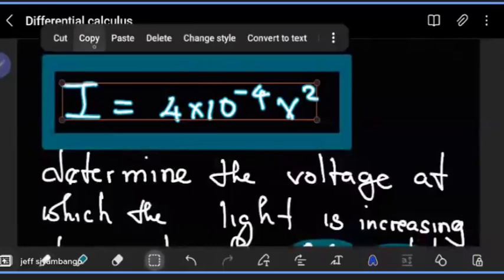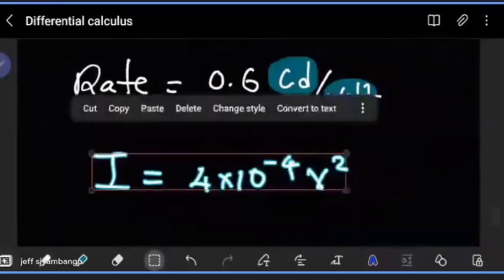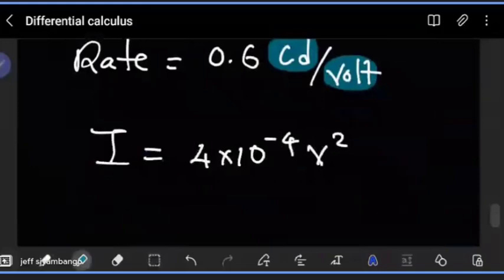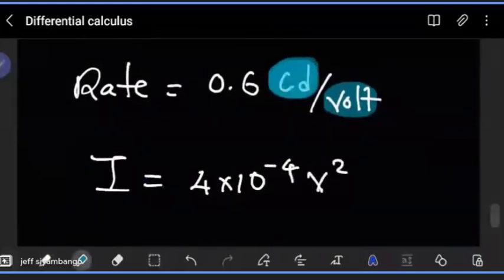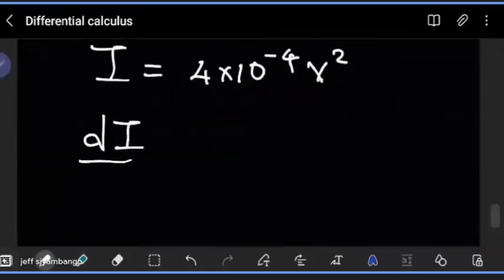So what happened for us to end up in that situation? To get the rate of change they are describing, we are differentiating. And what are we differentiating? We have luminous intensity over voltage, so they analyzed how the luminous intensity was changing with respect to the voltage.